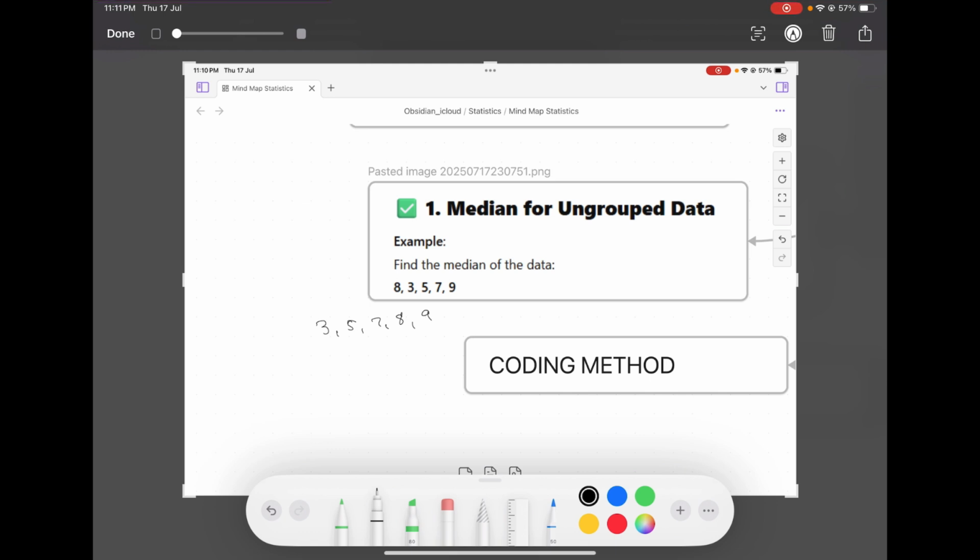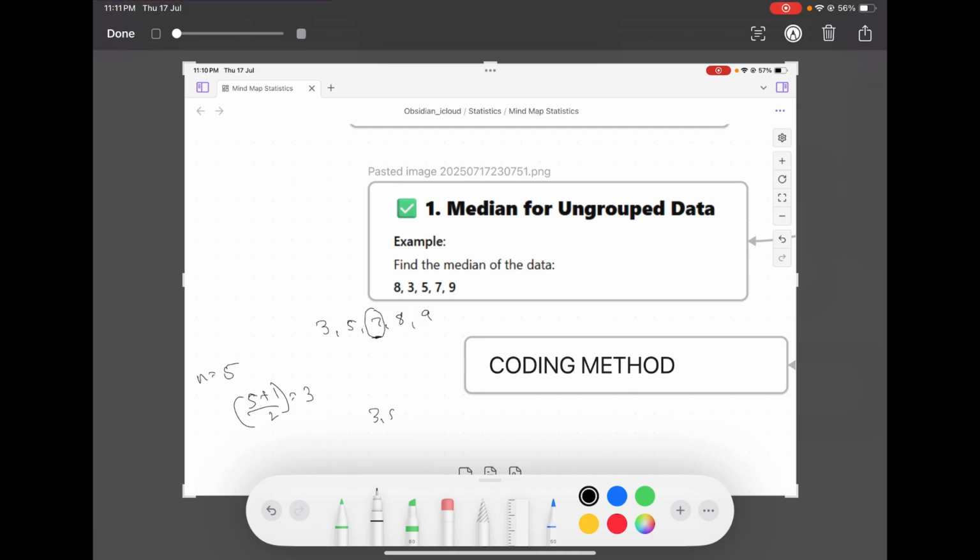There are a total of 5 numbers, so the middle position is (5 plus 1) by 2, that is 3. So the third position is the median, and here the value is 7.